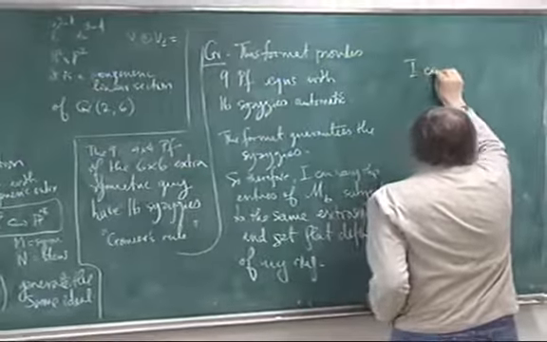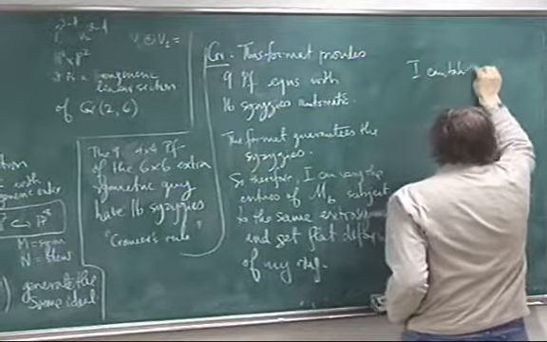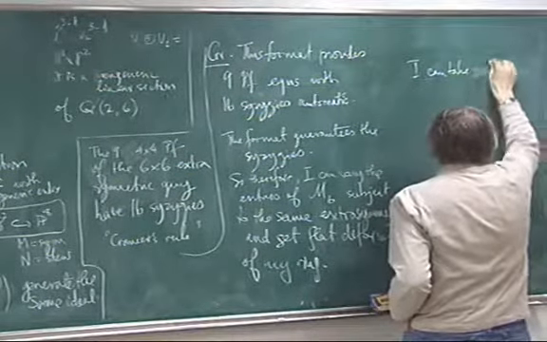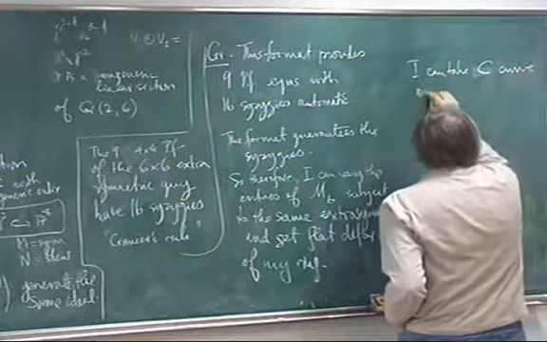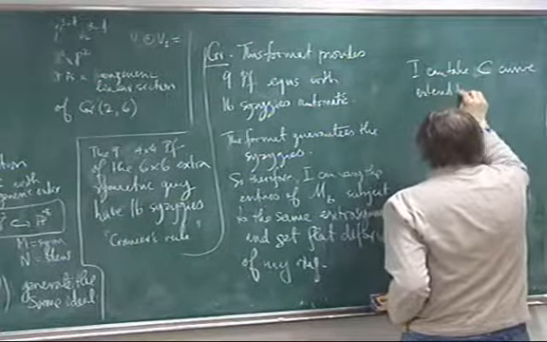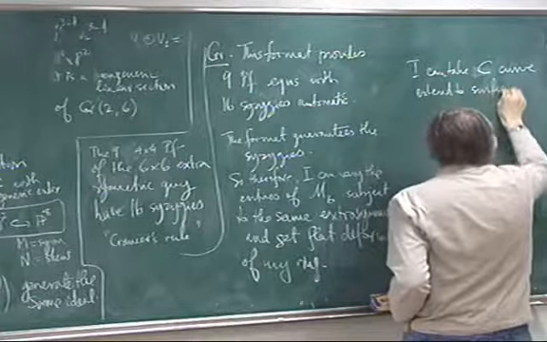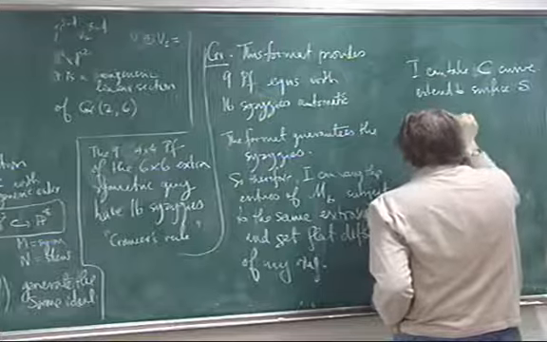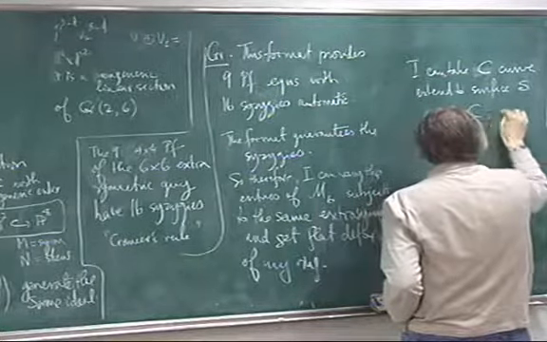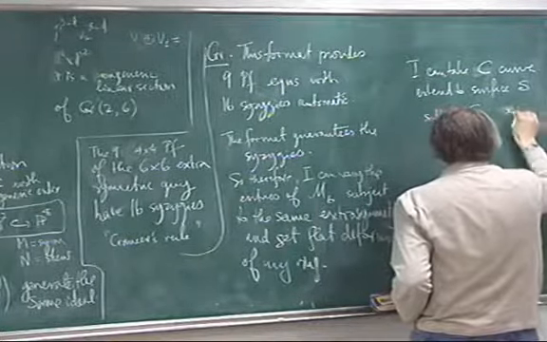So I can take curve C and extend to a surface S, so that C is given by x naught equals 0.